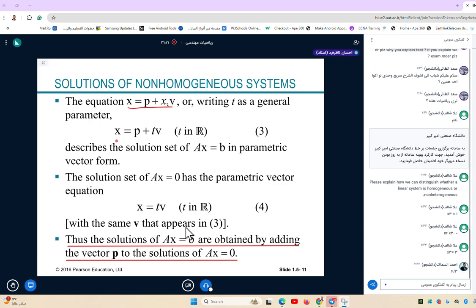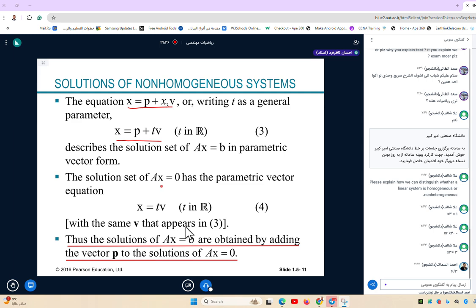We can write it down like this. This is just a fancy way to do that. So x equals P plus tV. This is a solution for that.